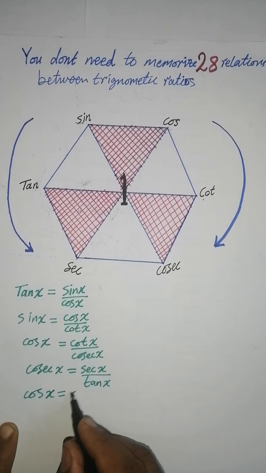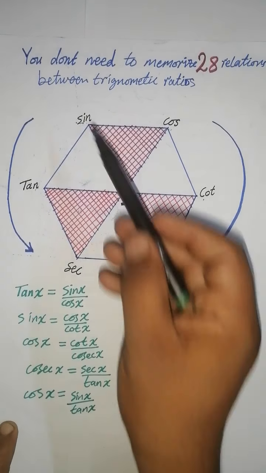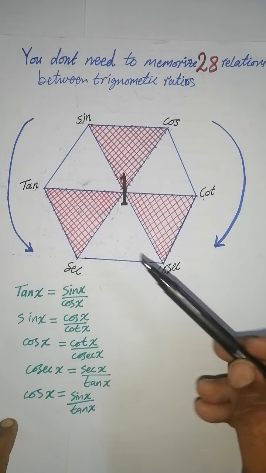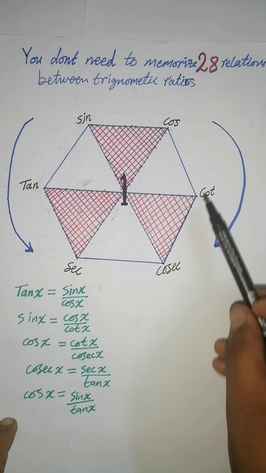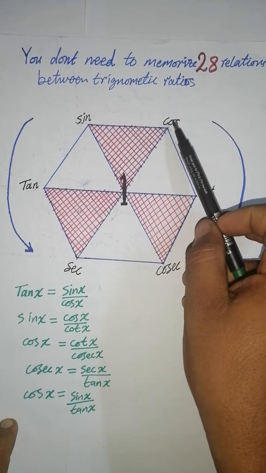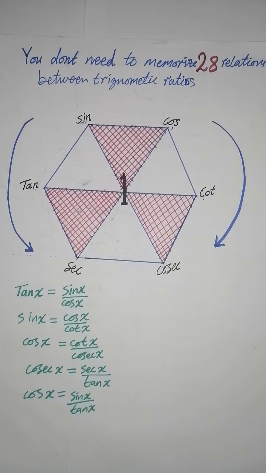So equals sine x over tan x, and so on. Sine equals tan over sec. Sec equals cosec over cotan. Cosec equals cotan over cosine. Cosine equals sine over tan, and so on. So this is the first group of relations between trigonometric ratios.